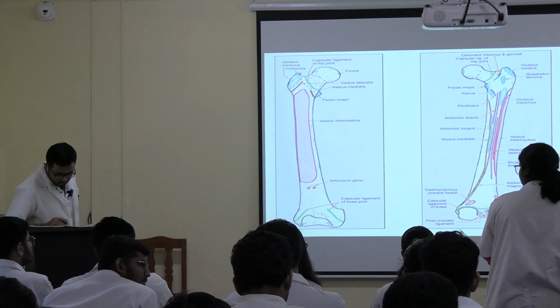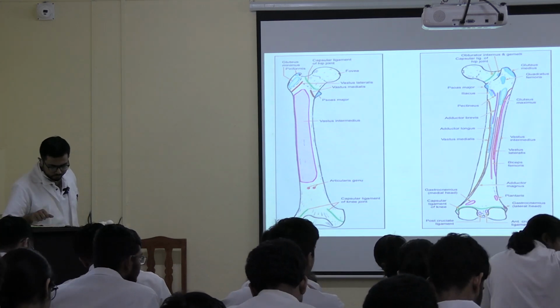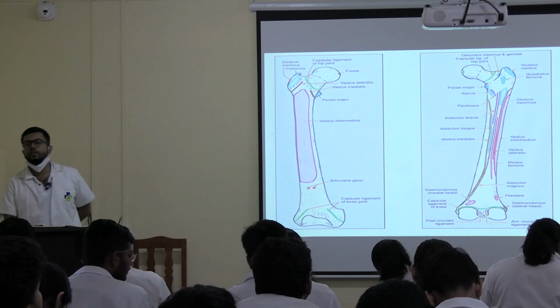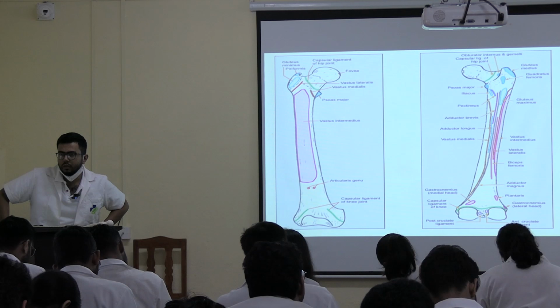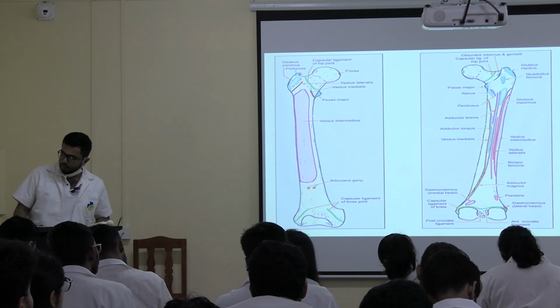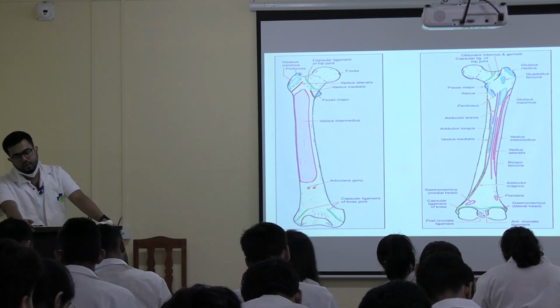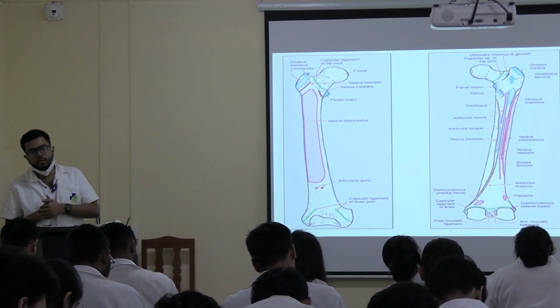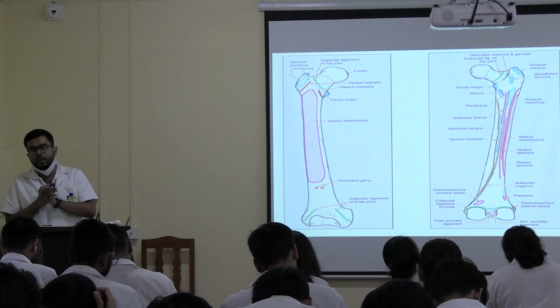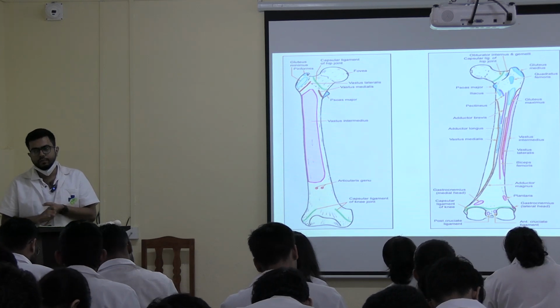Sit down, write down: biceps femoris is attached on the linea aspera and on the upper part of the lateral supracondylar line.